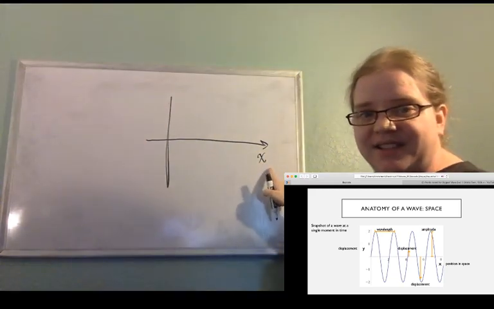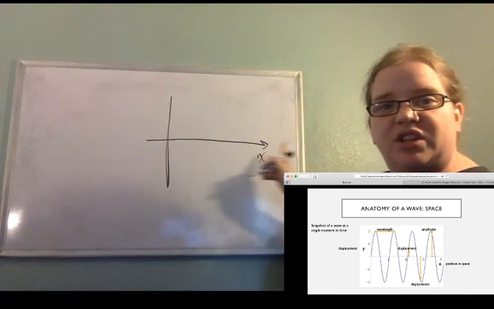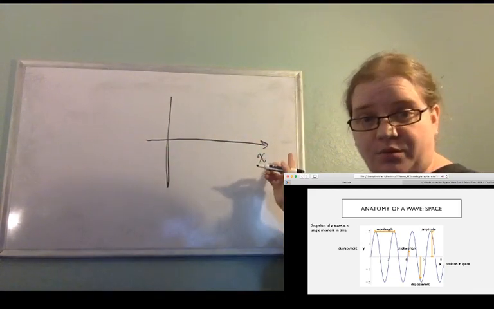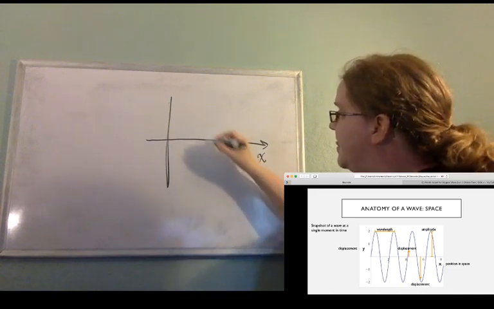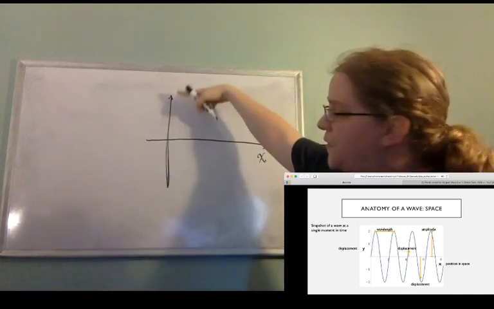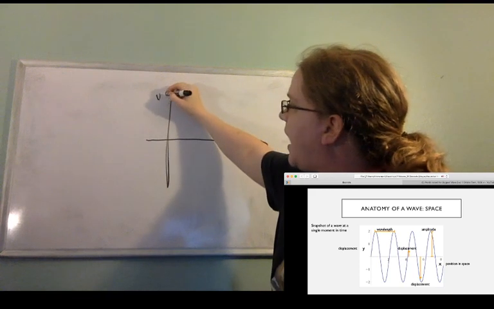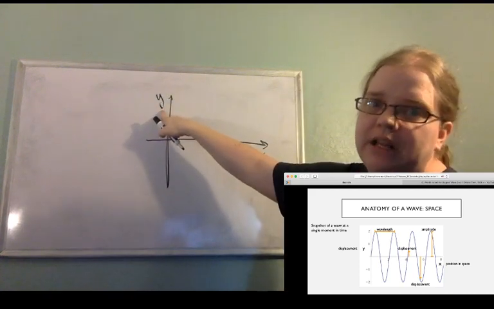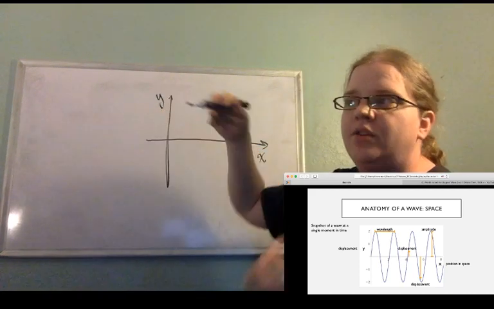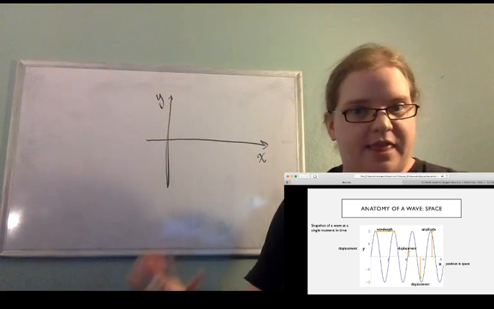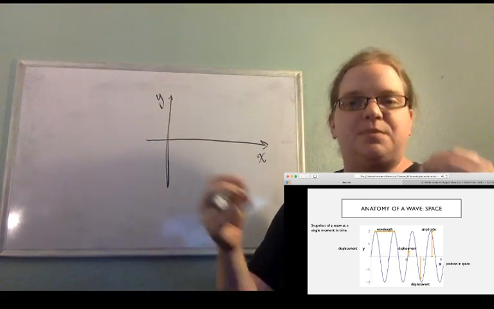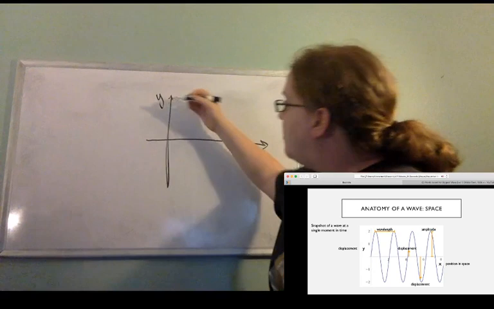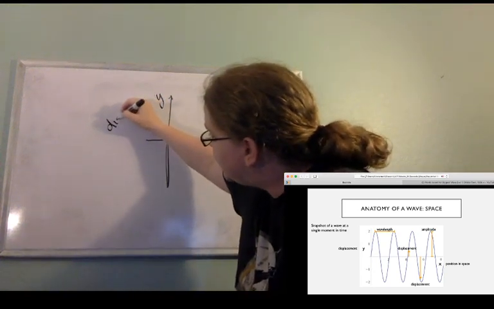So this is literally just position in space, like where are you looking? Then we have our vertical axis, which we'll call y. Y is going to be a really generic variable. It could stand for lots of different things with different units, depending on what the wave is. What it will always mean is the displacement.